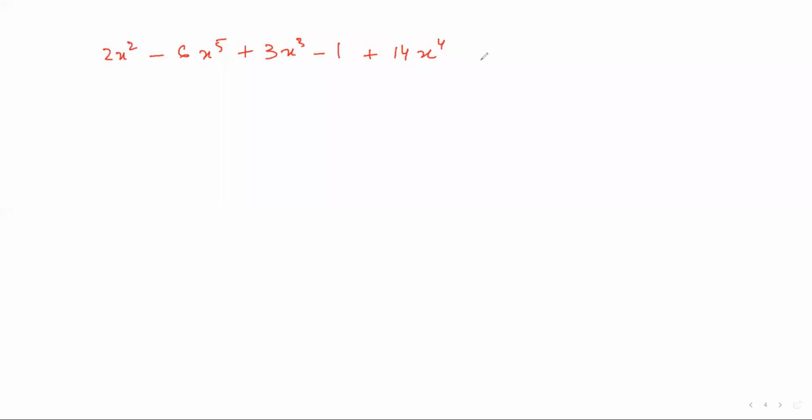This is a polynomial, right? What is the highest power of x you can see here? 5. So this one is a degree 5 polynomial. Understood? Yes, ma'am. I hope it is clear. This is important.